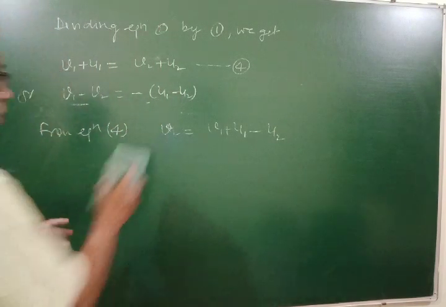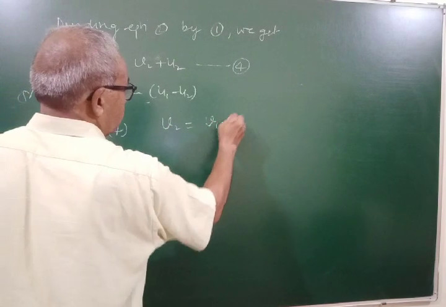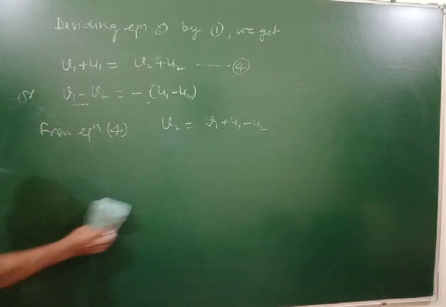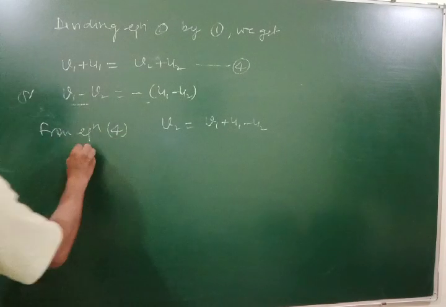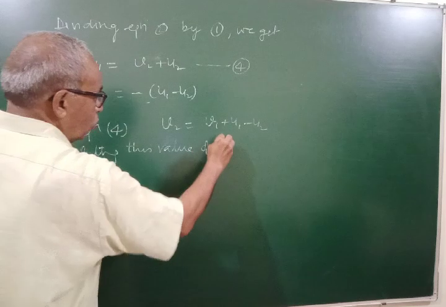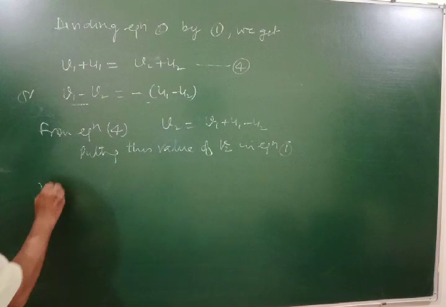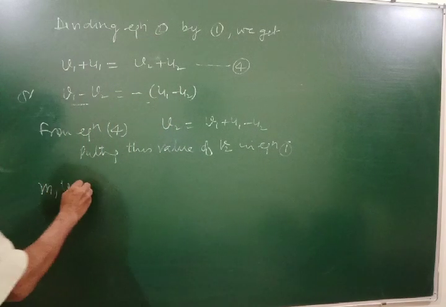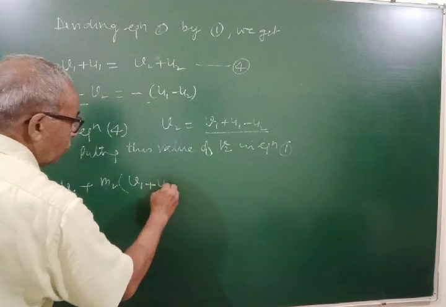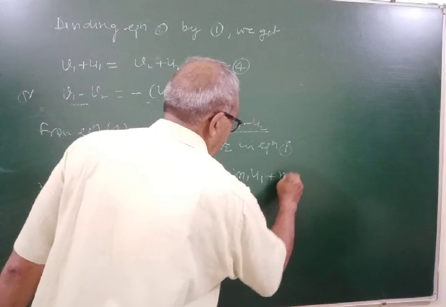Putting this value of V2 in equation 1, we get M1 V1 plus M2 times V1 plus U1 minus U2 equal to M1 U1 plus M2 U2.